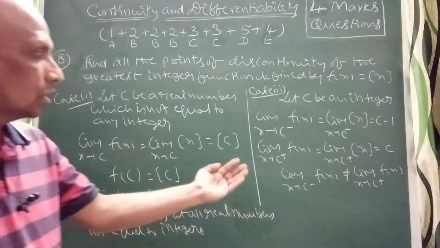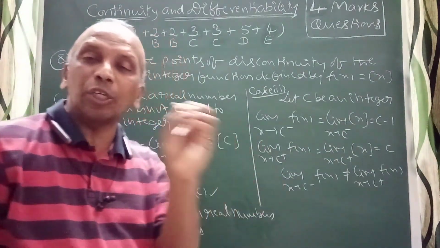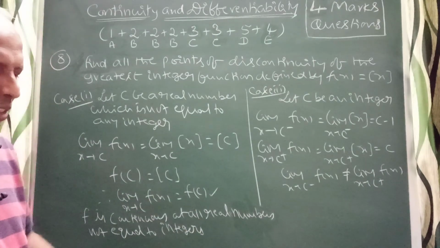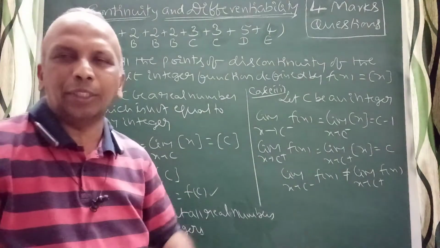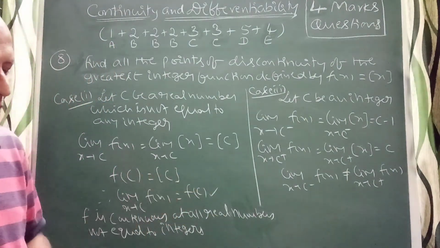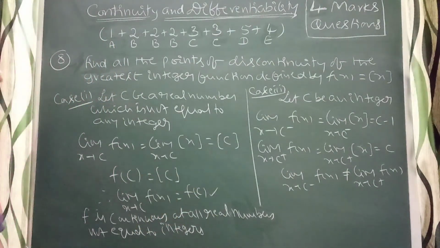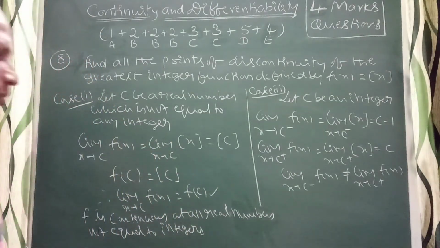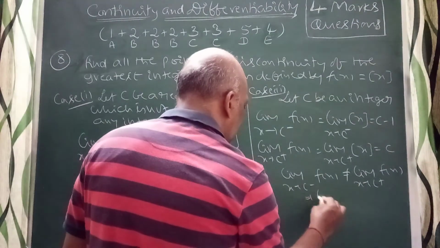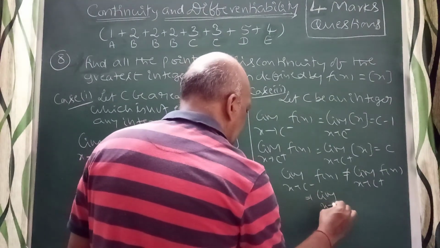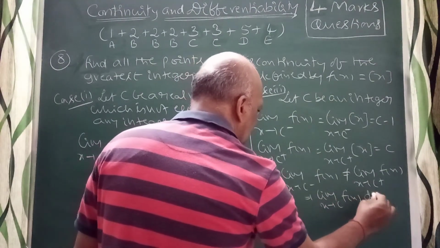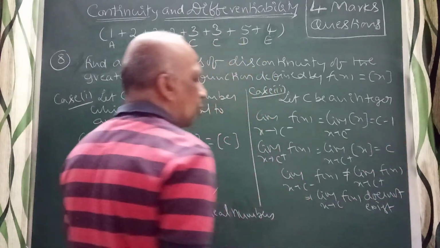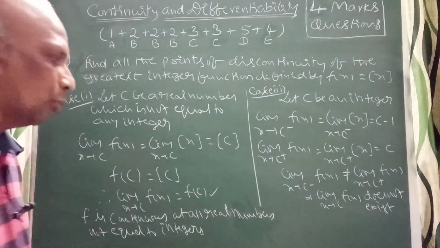So here, since the limit doesn't exist, the function is not continuous. The limit as x tends to C of f of x doesn't exist, therefore f is discontinuous at all integral points.